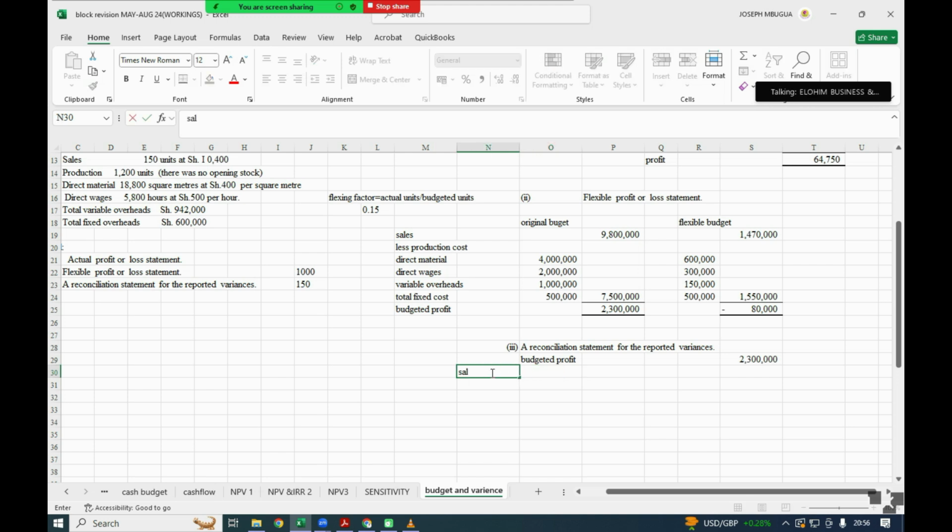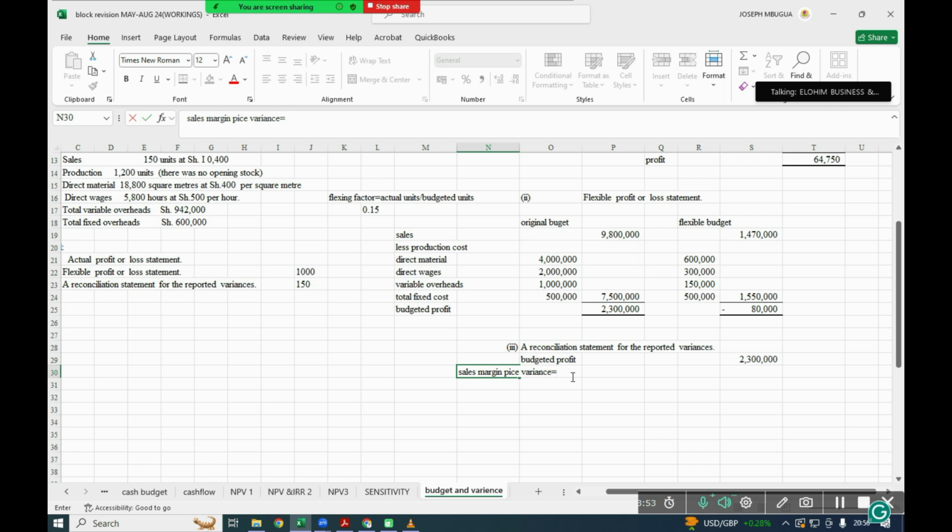Let me just write it here. So the sales price, or you can talk about the sales margin, whichever term you use, it will mean one and the same thing. So sales margin, price variance. This is a variance for the price, especially for the sales: what we had budgeted to sell at and what we had as our actual.